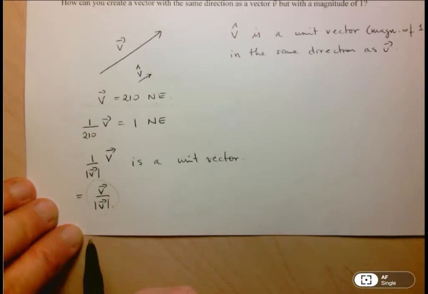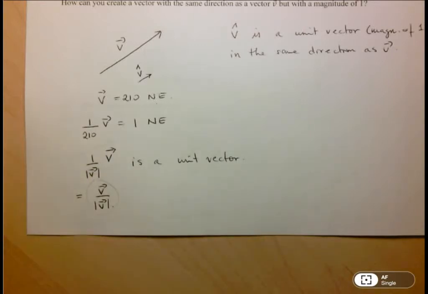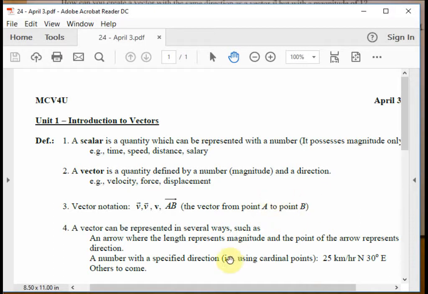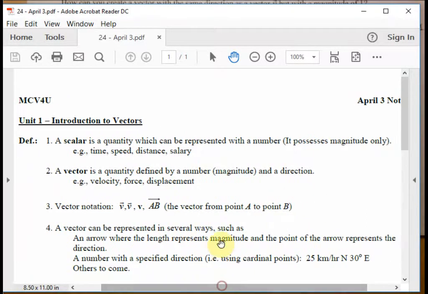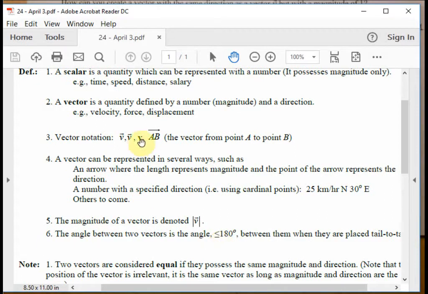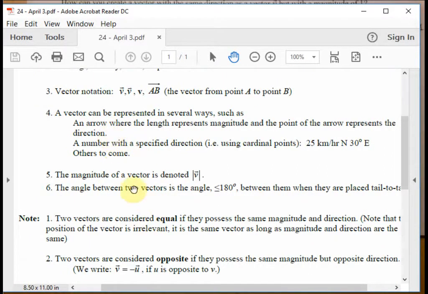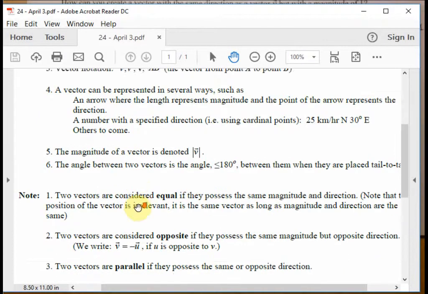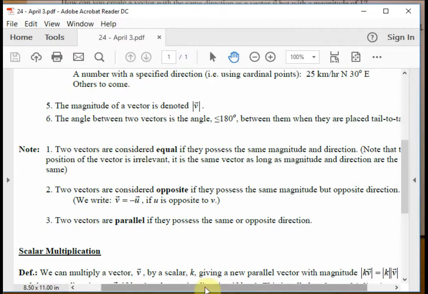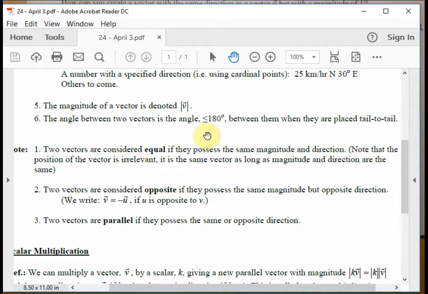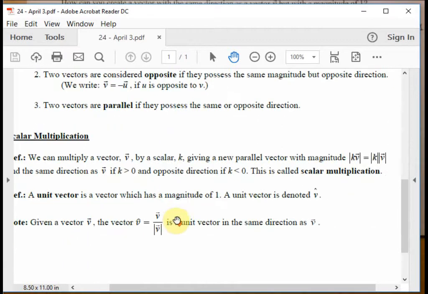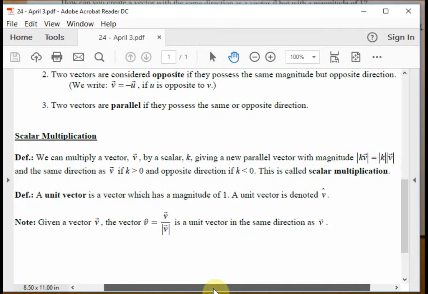Okay, so let's just give you a quick look at what the notes look like here. So notice how we're defining scalar and vector. Okay, vector notation, we'll talk a little bit more about that. How we can represent it, and how we represent the magnitude. Okay, one thing that we'll talk about a little more next class will be what we mean by the angle of two vectors. Okay, so here what it means for them to be equal, opposite, and parallel, and we define this idea of scalar multiplication.